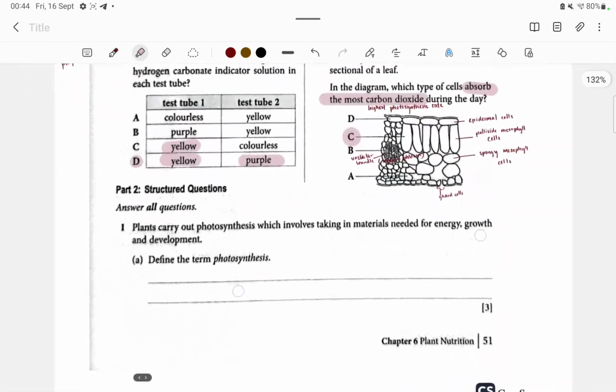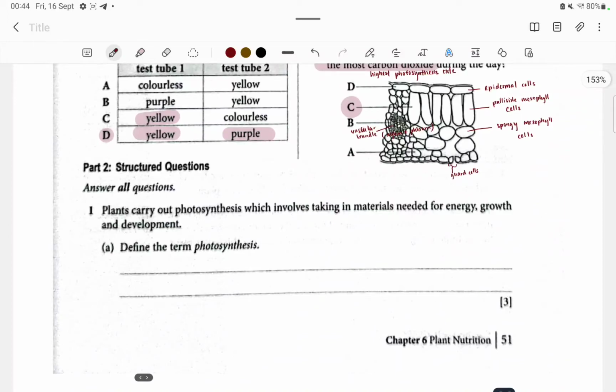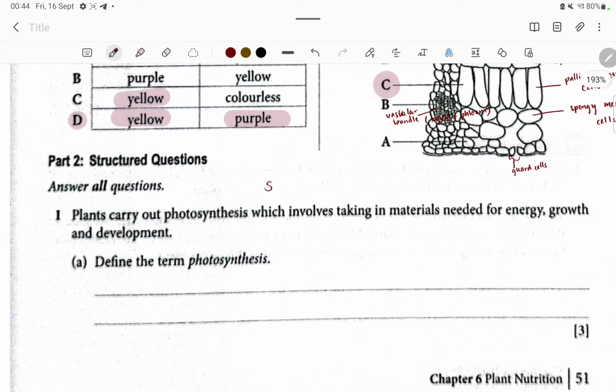So this question I want you to give yourself about 15 minutes. You just pause the video and then you go and try to do. And then after that you come back. Okay, I think you should be back.